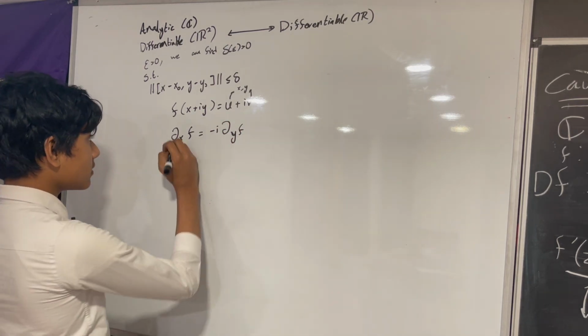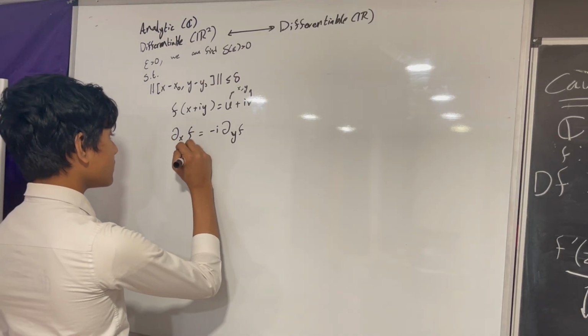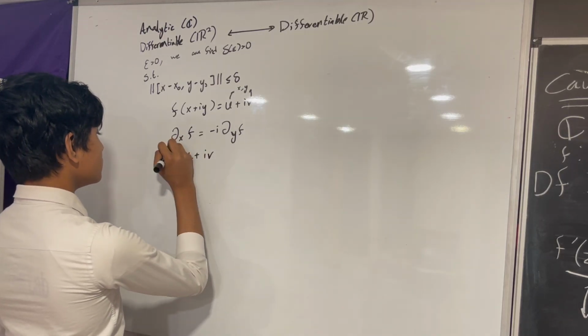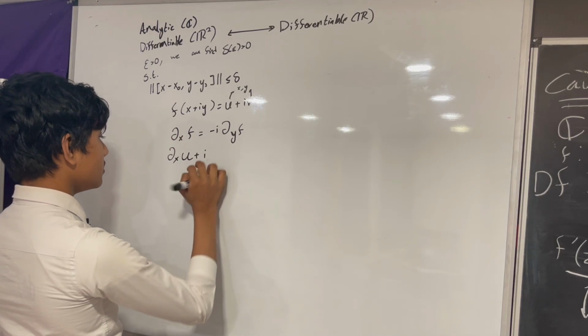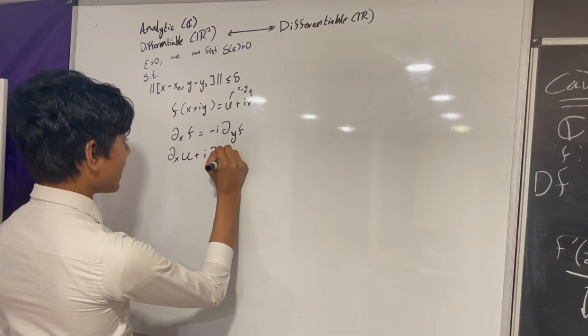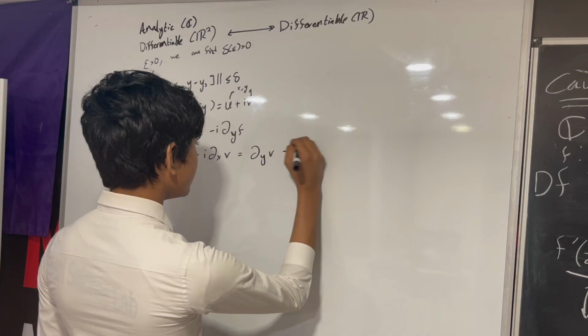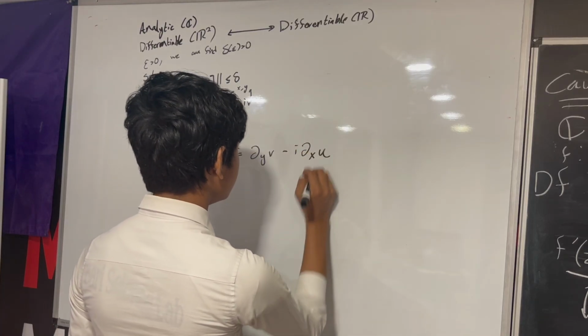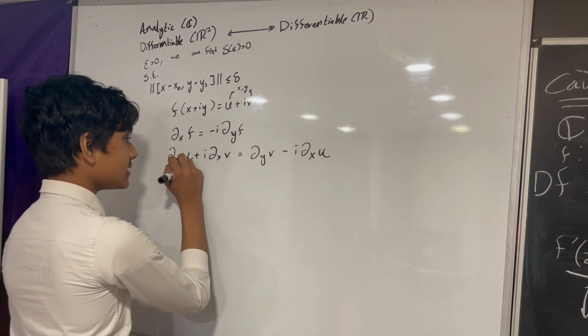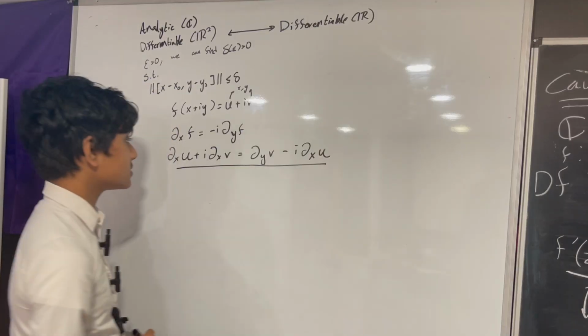And not just that, partial x u plus i partial x v is equal to partial y v minus i partial y u. This is what the Cauchy-Riemann theorem tells us.